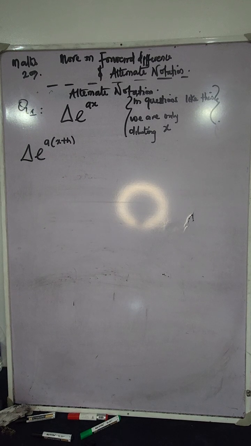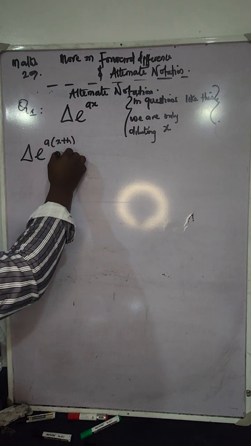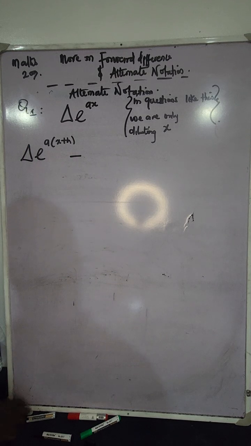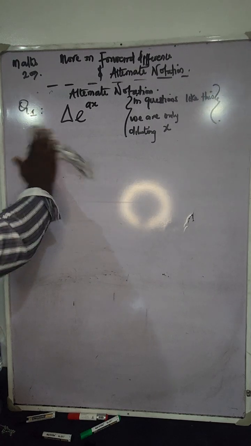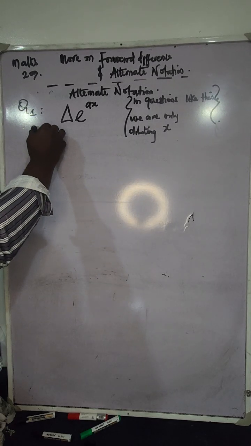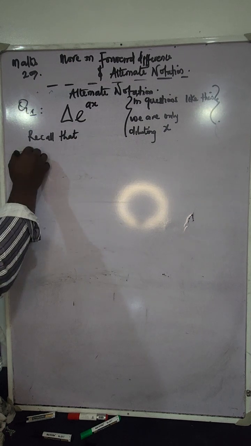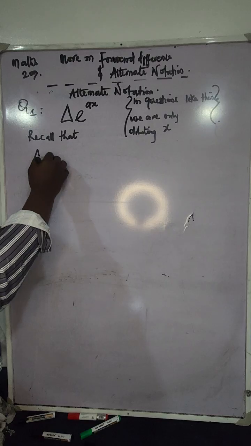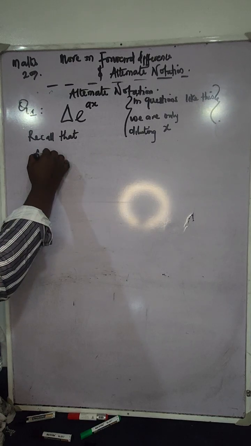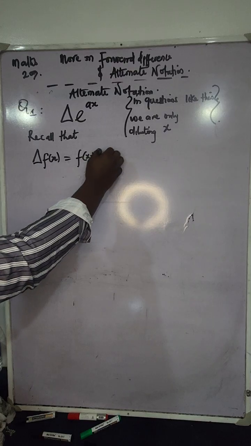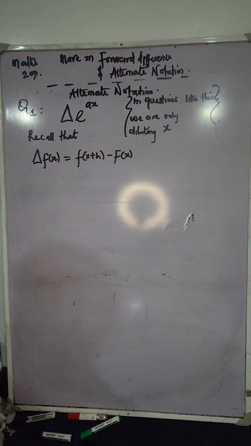Sorry, let's do that again, it's a mistake. Recall that the forward difference of f of x is f of x plus h minus f of x. Let's not forget this definition.